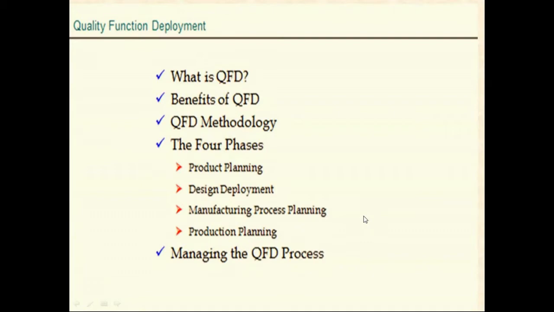Whether it is at BTech level, MTech level, or PhD level, you can enlarge the size of your project, and you can solve it with QFD in combination with some other technique also. Then it will be more fruitful for you to get the result.